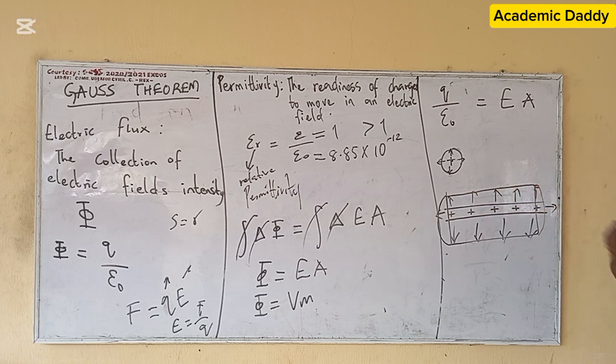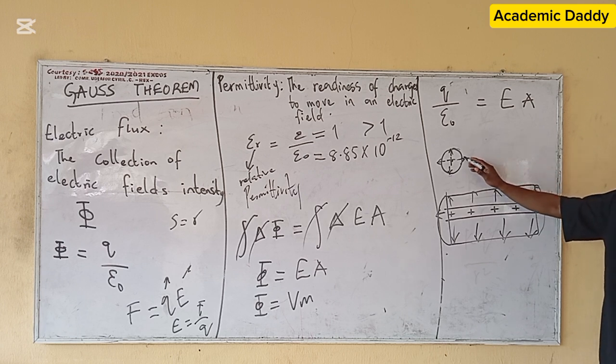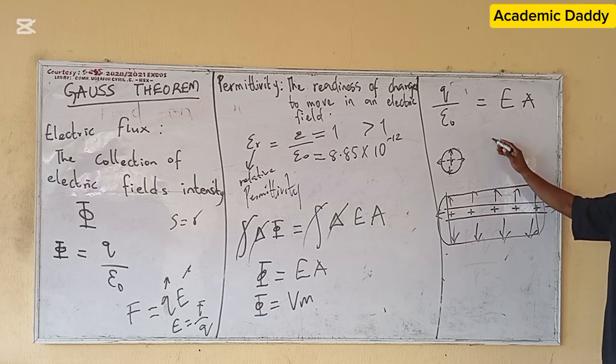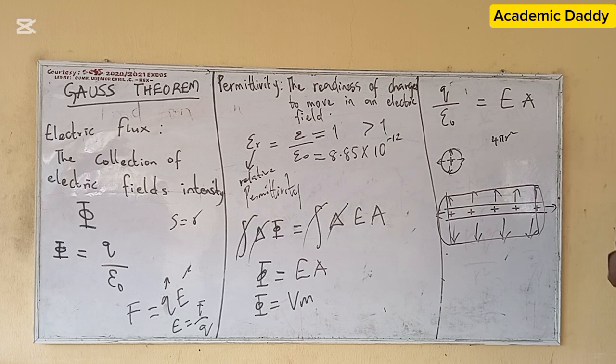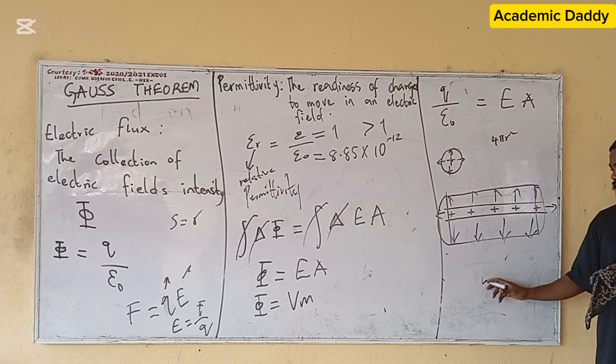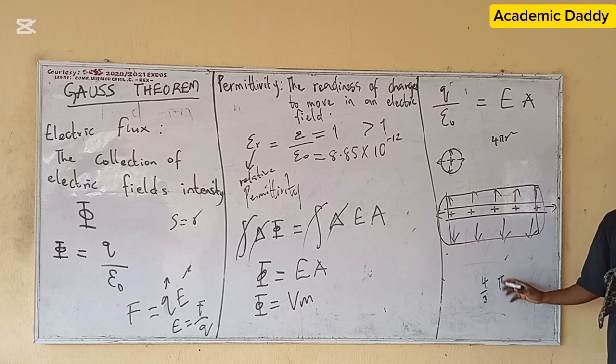So the next thing now is to remember that the area of a sphere is supposed to be 2 pi, is it 4 pi r squared, should be? Because if you differentiate the volume of a sphere, you get the area. And I know that the volume of a sphere is something like 4 over 3 pi r cubed.